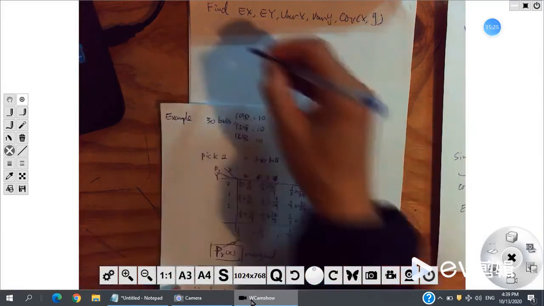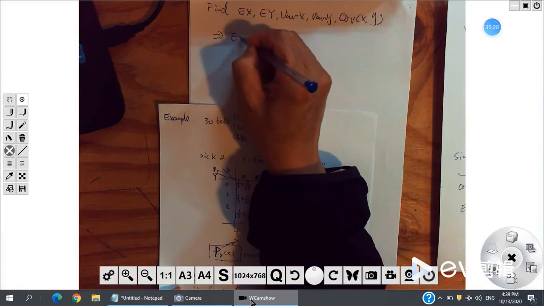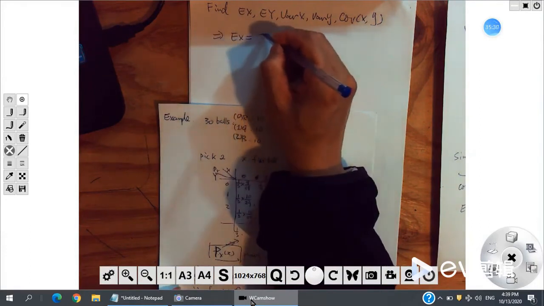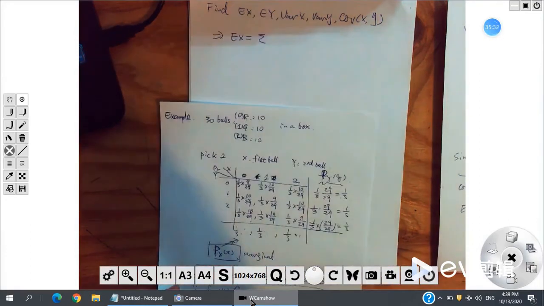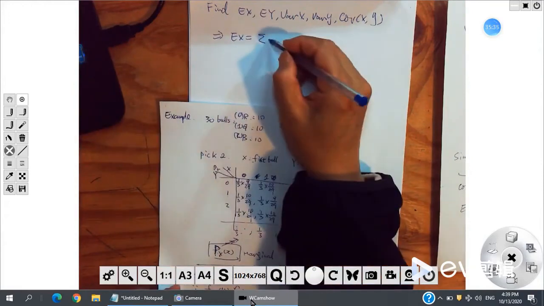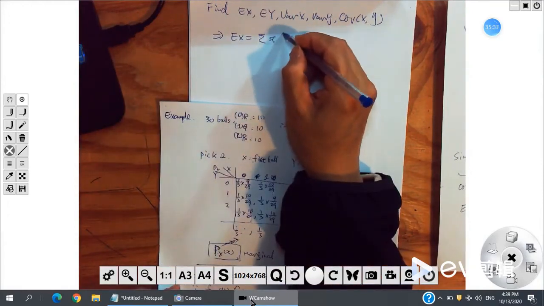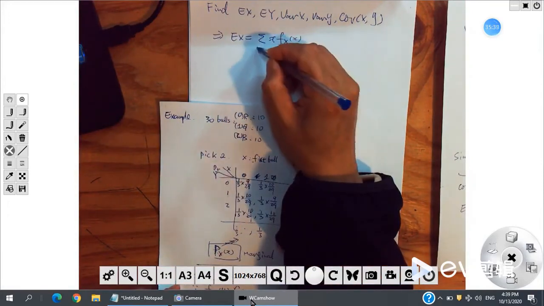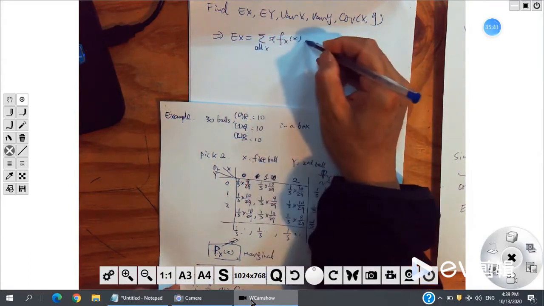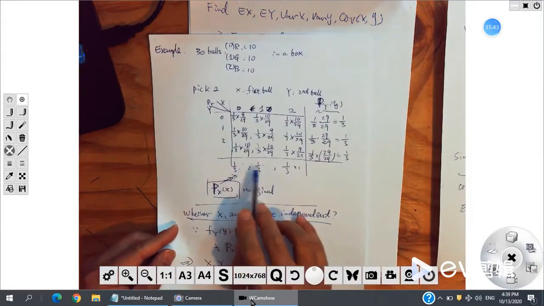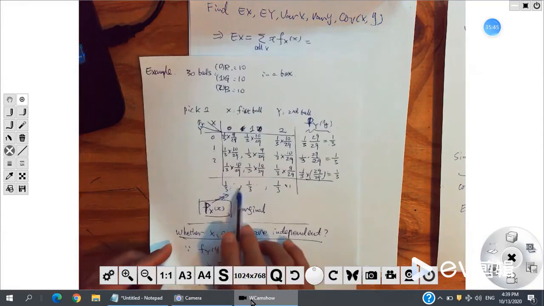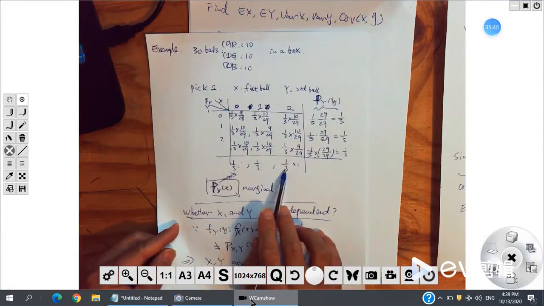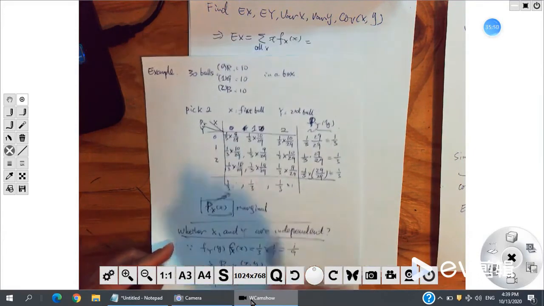So EX is equal to the summation of x times Px of x for all x. And now x has only these three numbers: 0, 1, and 2.